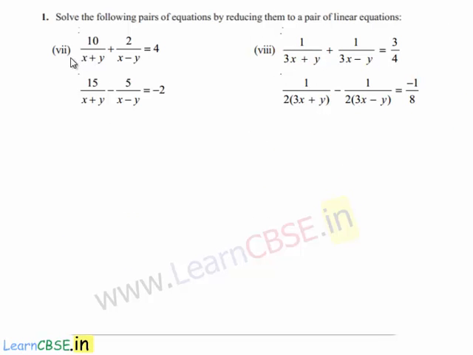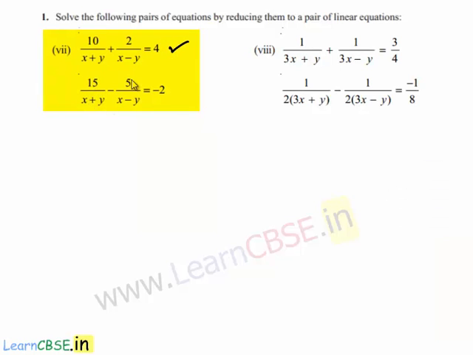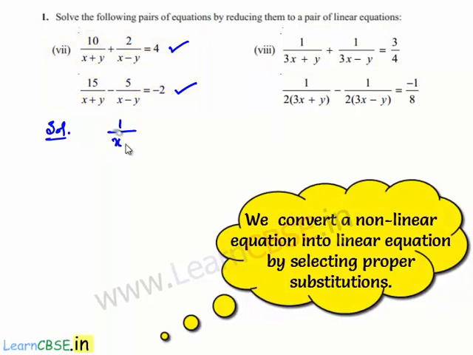Now, coming to the 7th bit, 10 divided by (x plus y) plus 2 divided by (x minus y) is equal to 4. This is the first equation. And the second equation is 15 divided by (x plus y) minus 5 divided by (x minus y) is equal to minus 2. So, let us assume 1 by (x plus y) is equal to a and 1 by (x minus y) is equal to b.